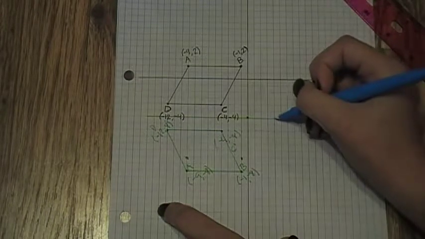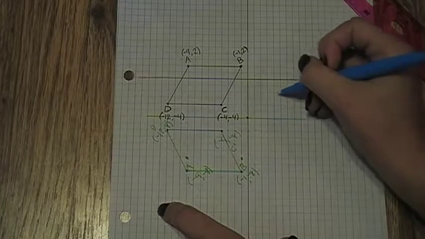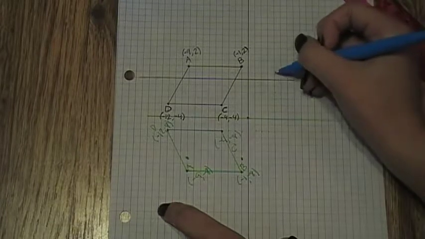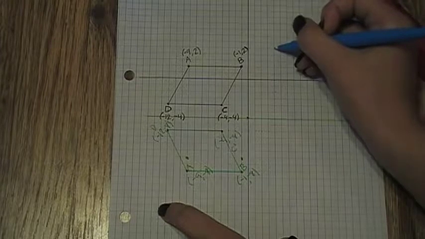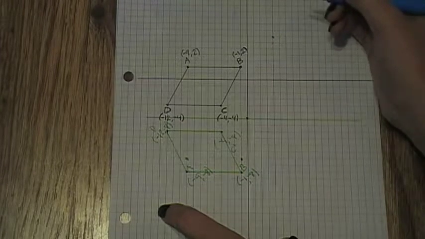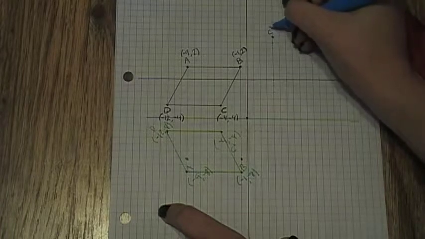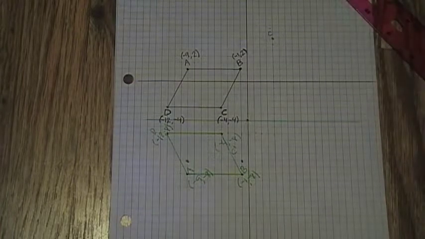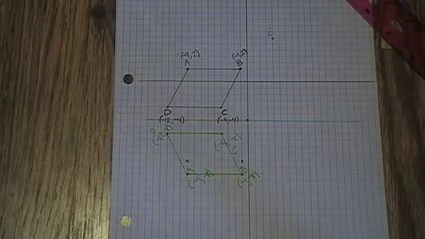Up 15 would be 1, 2, 3, 4, 5, 6, 7, 8, 9, 10, 11, 12, 13, 14, 15. Okay, so that's our C coordinate.